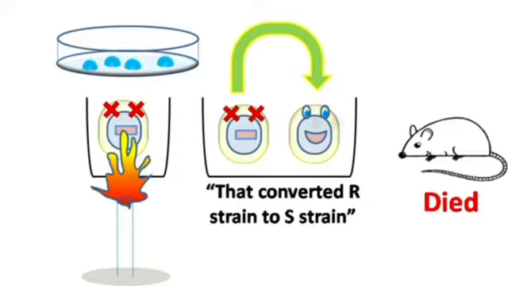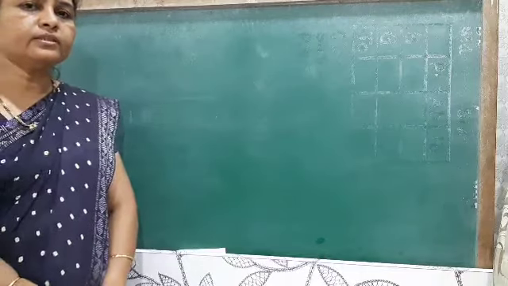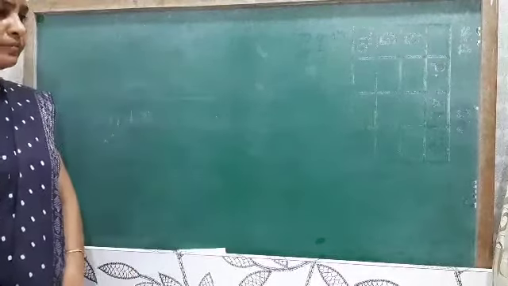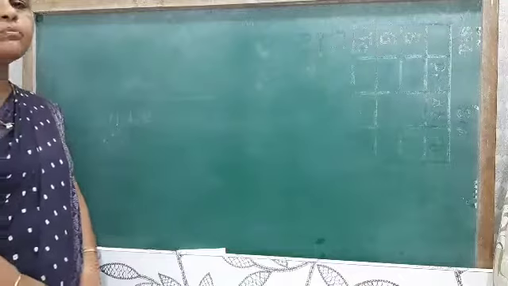This phenomenon is known as the transforming principle. Griffith did not know what was getting transferred. Further experiments by Avery, MacLeod and McCarty showed that the transforming principle was the DNA.